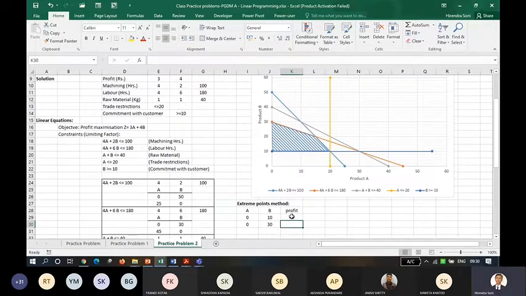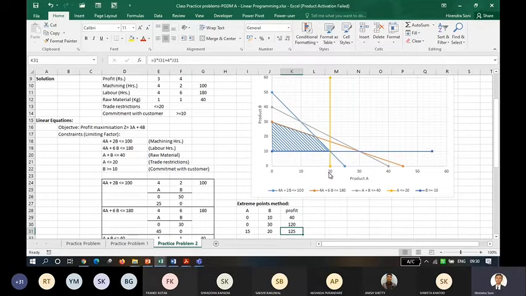I can just simply pull this formula. It is 120, so my profit becomes 120 at this point. Let me look at the next one. It was 15 and 20, so we'll have it as 15 and 20. That gives me 125 as my profit.